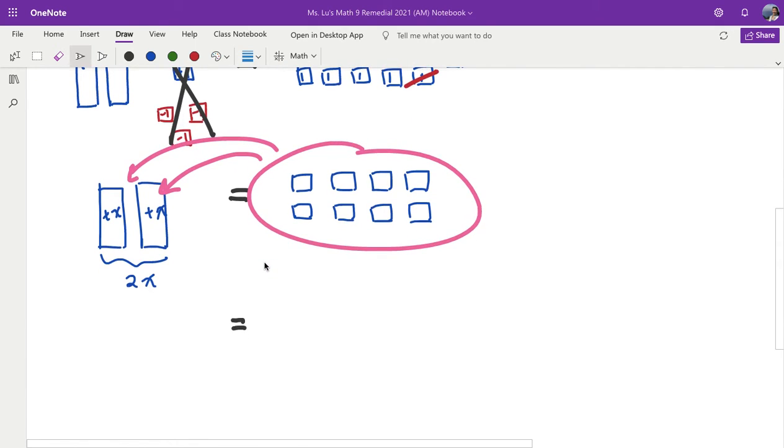So what we should do is find out, with your own tiles, how many ways you can fit 8 tiles evenly, with no remainder, into these 2 rectangle boxes. If you do that, you're probably going to get something like this.